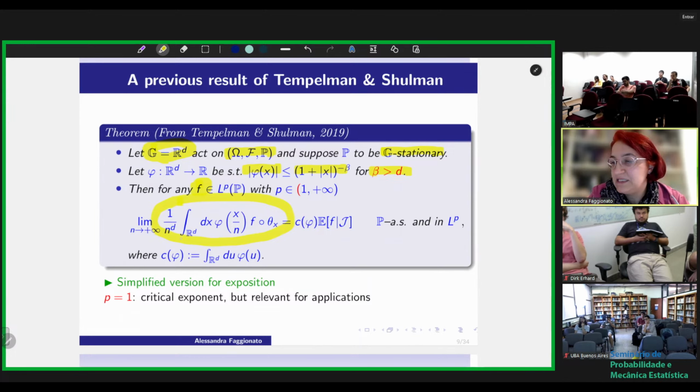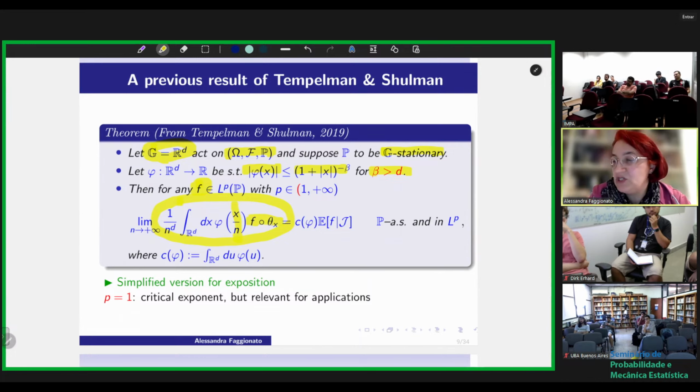You take 1 over n^d and then the integral dx in R^d of phi evaluated in x over n, which is a number, multiplied by the function f composed with theta_x. Theta_x is the map associated to the action of the group R^d.